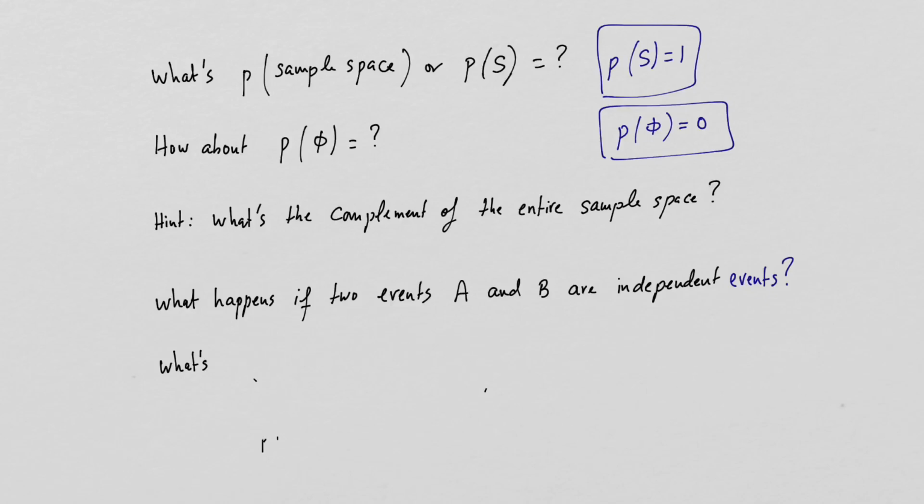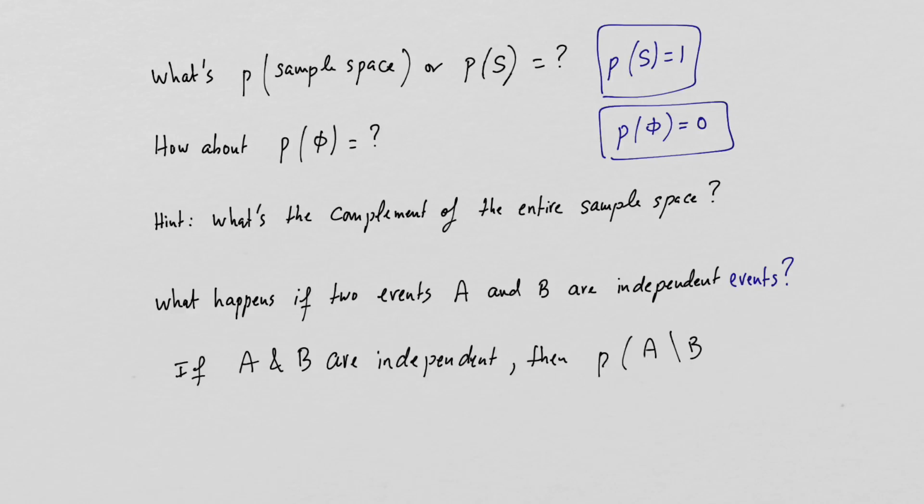if A and B are independent, then P of A given B is the same thing as P of A. Similarly, P of B given A is just P of B. Okay?